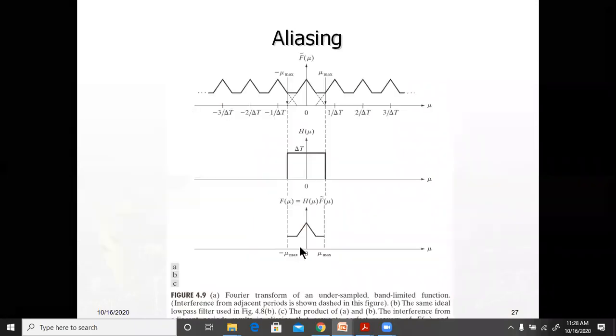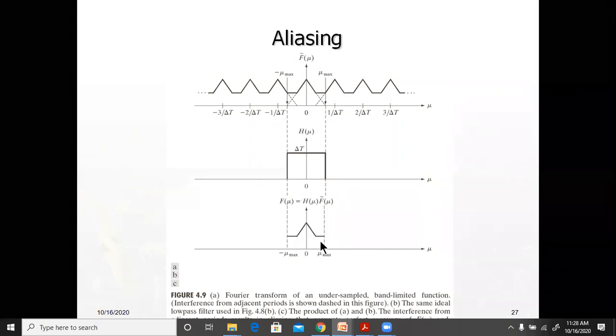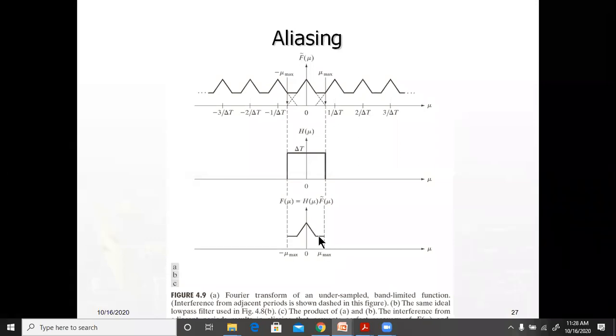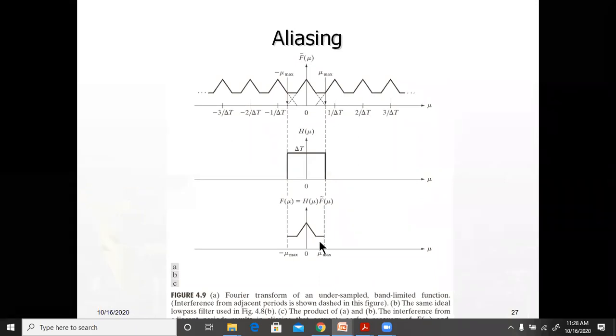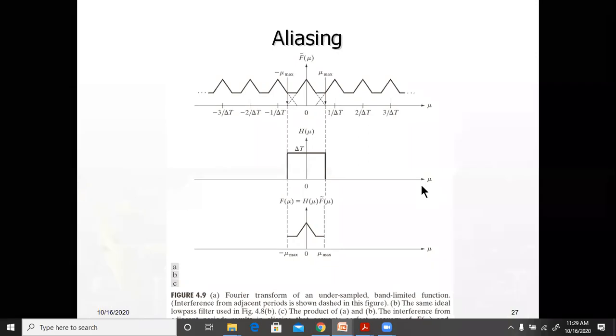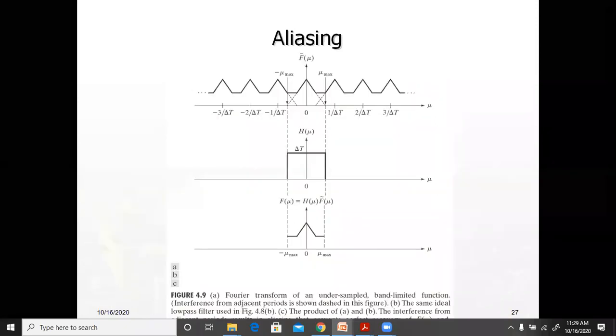The higher frequency component at this point should not appear, or should appear with lesser value, but it is appearing with more magnitude. So it is not possible to recover.